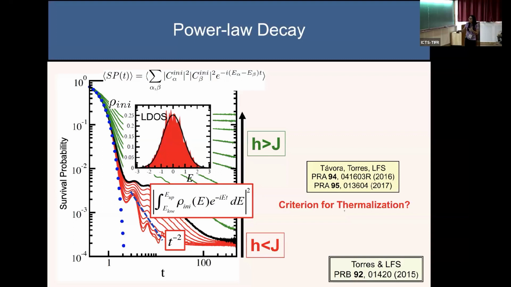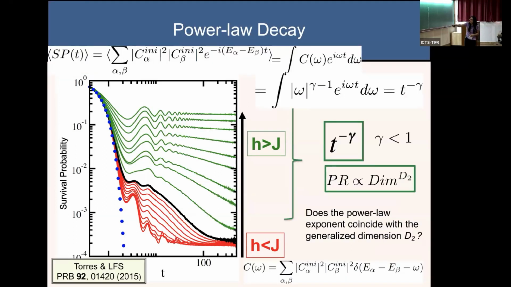Now, if I keep increasing the disorder strength, we reach this region here. As we keep increasing the disorder strength, these things are no longer random numbers. They become correlated, where I cannot separate eigenstates from eigenvalues anymore. So this correlation is the source of this power law behavior. This is similar to what Leo was telling us on Monday. Remember, in non-interacting systems, people try to connect this exponent with the fractal dimension.